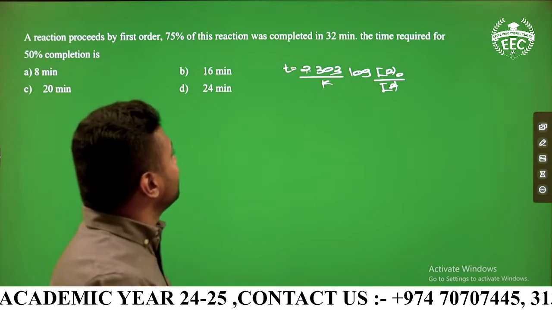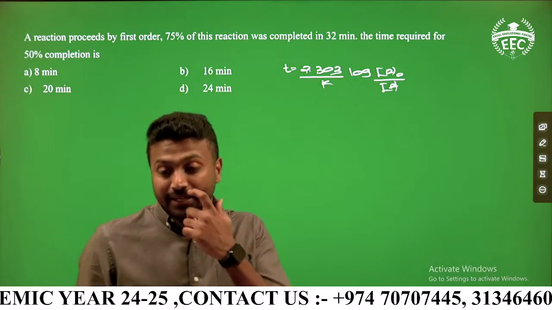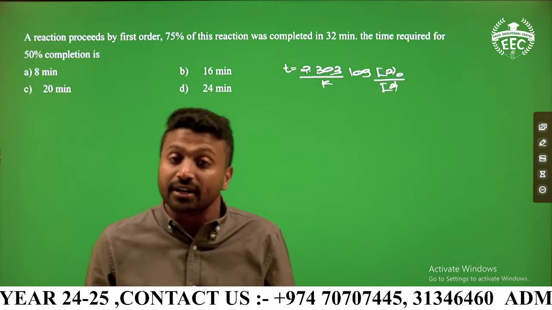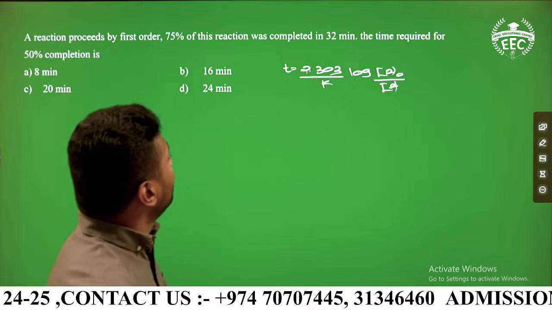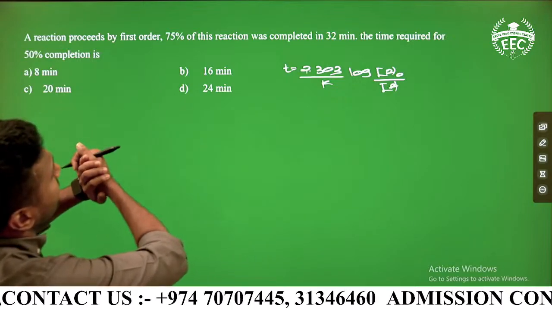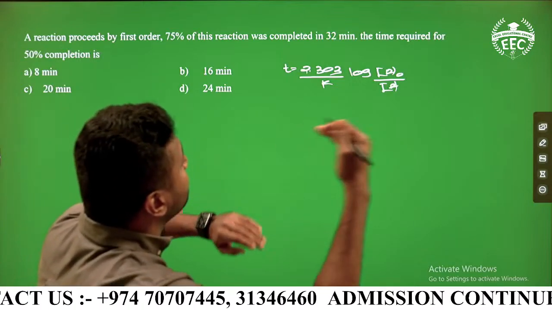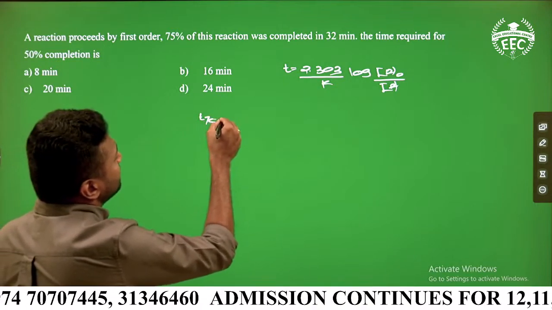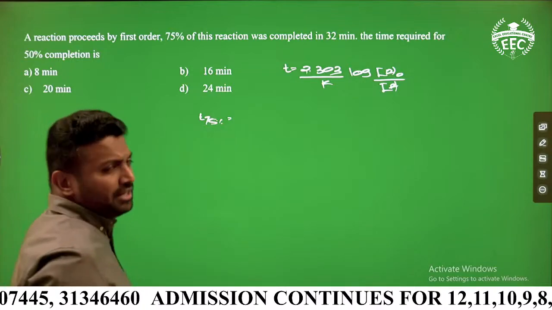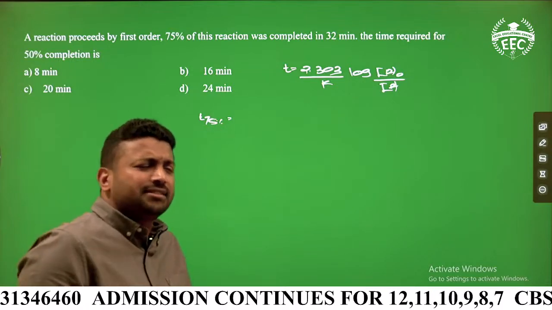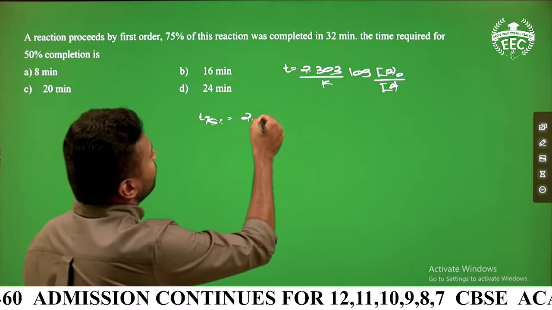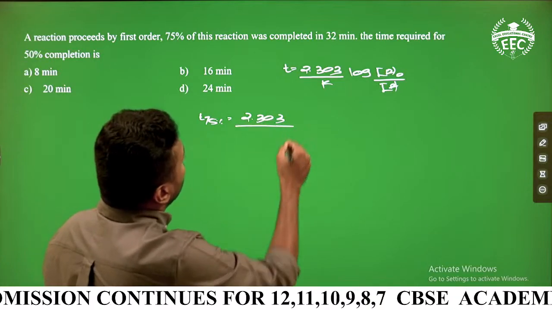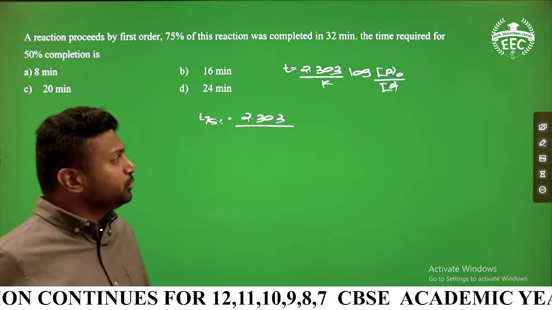Okay. So t is equal to 2.303 by k log of R0 by R. Here, given that 75% of the reaction completed in 32, 75% means T75 is equal to 2.303 by k. Nothing mentioned about k, so keep it k as such, no issue.